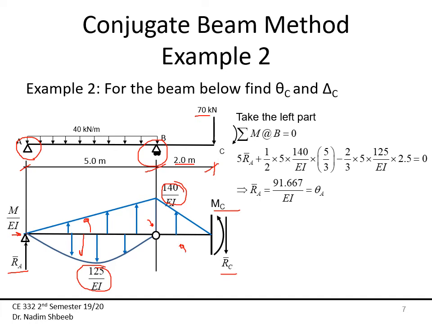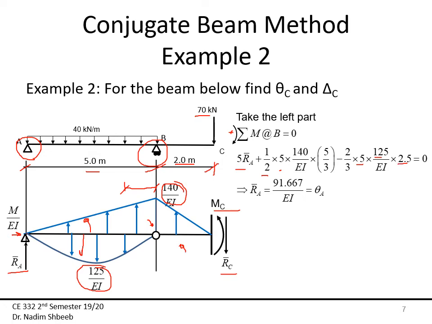Okay, take the moment about B equal to 0, because I don't like to solve simultaneous equations. Then 5RA, plus 1/2 times 5 times 140 over EI times 5 over 3, again about point B, this being my moment arm, minus 2/3, this is a full parabola, times 5 times 125 over EI times 2.5 is equal to 0.